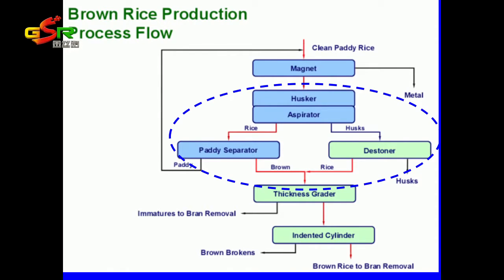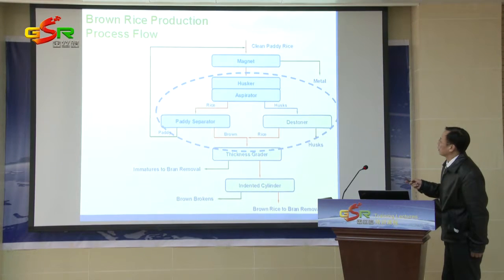And this figure shows the husking and separation processing. From this figure we can find, after the cleaning, the paddy is put into the husker to be husked by the machine, and the separator uses air to separate the material into two types, the rice and the husks.